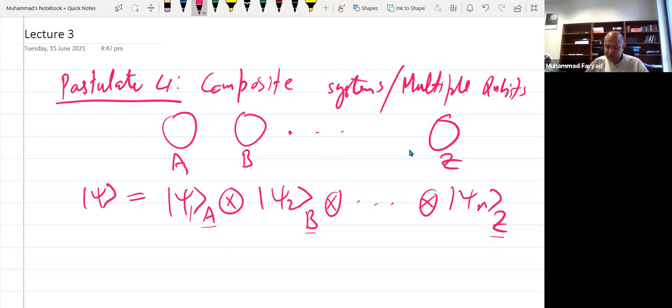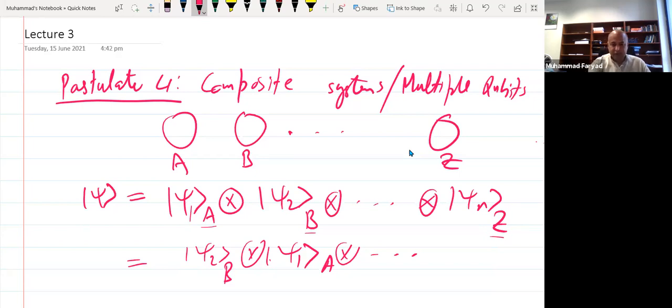And when you have given the subscript under them, then it doesn't matter where the position of the state is. For example, I can write it like this, but I have to write B here, and then psi1 A, and so on.